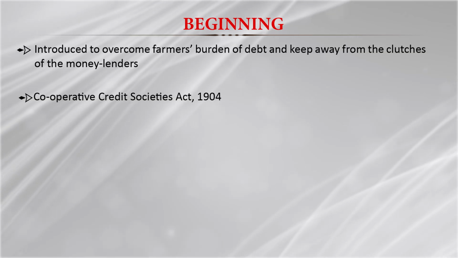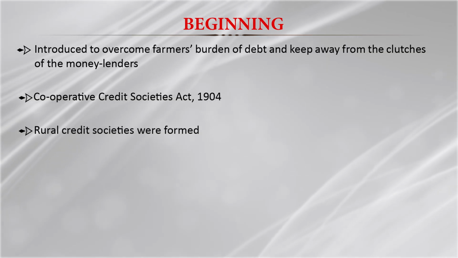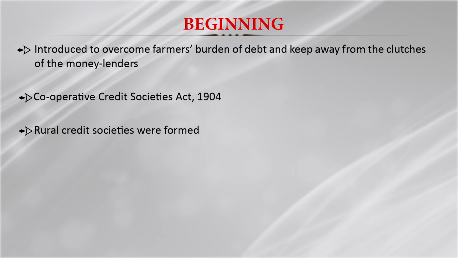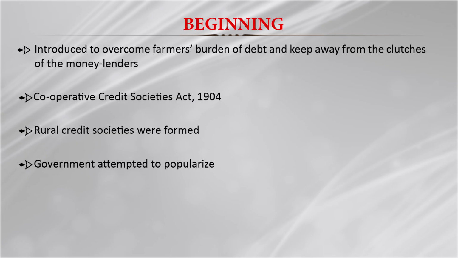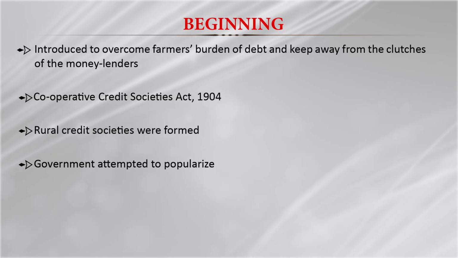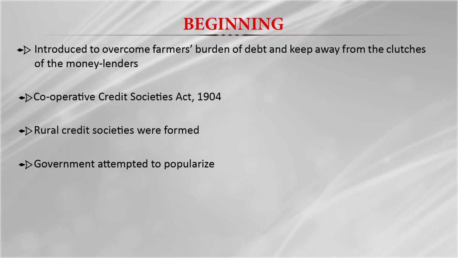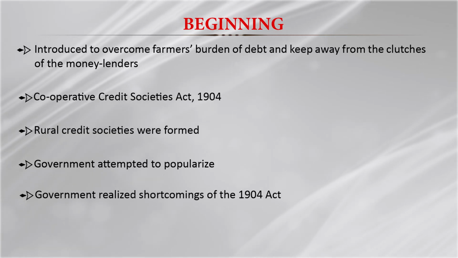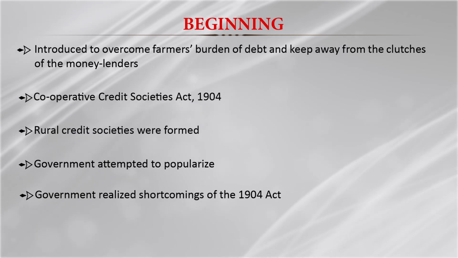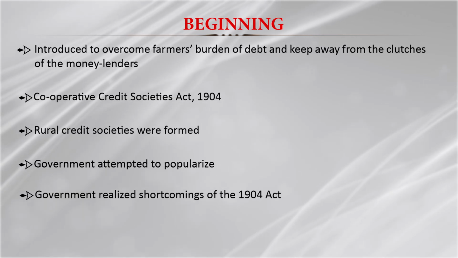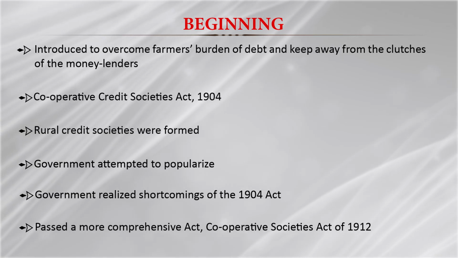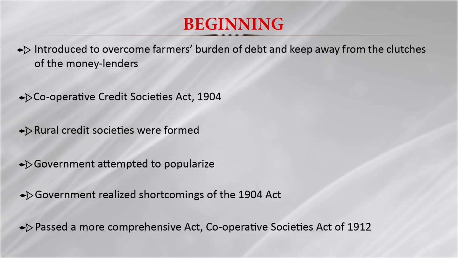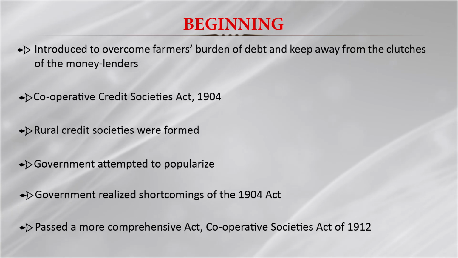After this act, rural credit societies were formed in the country, and the government also attempted to popularize the concept. Soon after the enactment of this act, they realized there were some shortcomings in it. So they amended the act and passed a new comprehensive act, the Cooperative Societies Act of 1912.